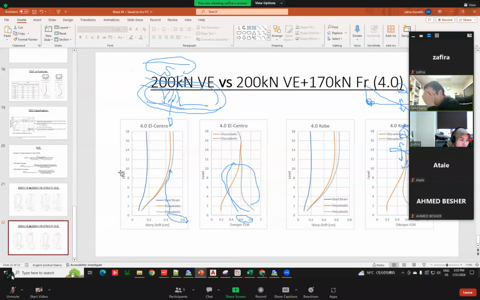So how to say? So you have two shear walls, right? Yes. And this is the stiffness of the wall and the stiffness of the coupling beam.